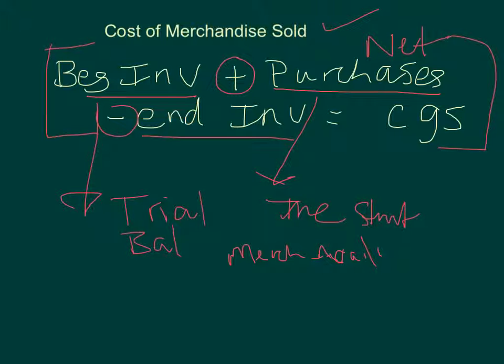And ending inventory will be found on the balance sheet column of your worksheet, because remember, on your worksheet, the balance sheet shows you your ending values. We'll walk through this on the work together problem.